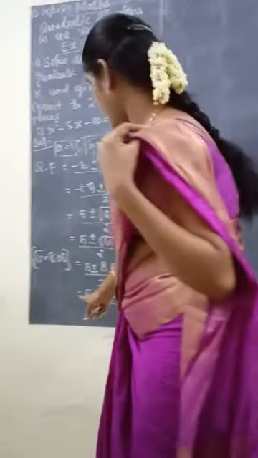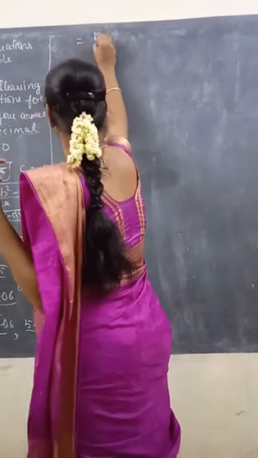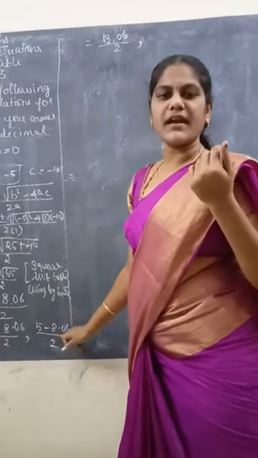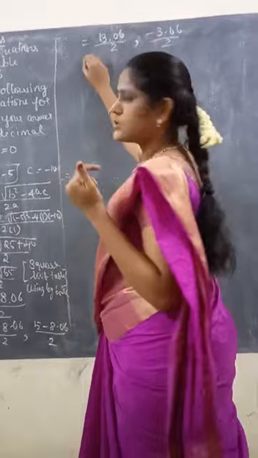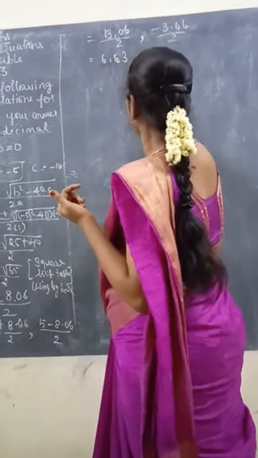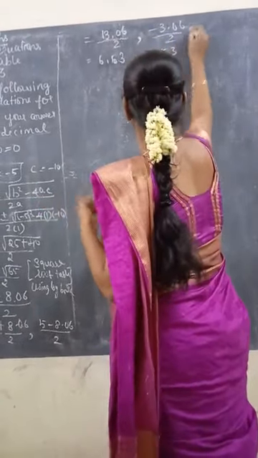Next, 5 plus 8.06 is 13.06 by 2, comma, 5 minus 8.06 is minus 3.06 by 2. So if you do the simplification, you will get 6.53 and minus 1.53.